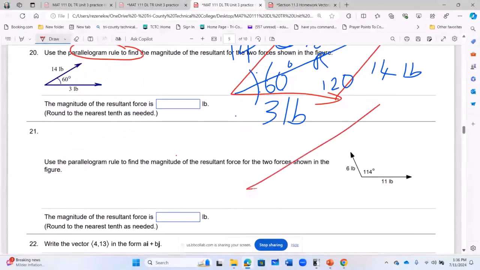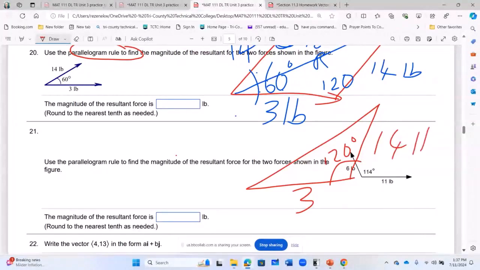I have this. What do I know? I know that this is 120 degrees. I don't know this angle, but I know that this is 3 pounds and this is 14 pounds. I have enough information to find the resultant vector.